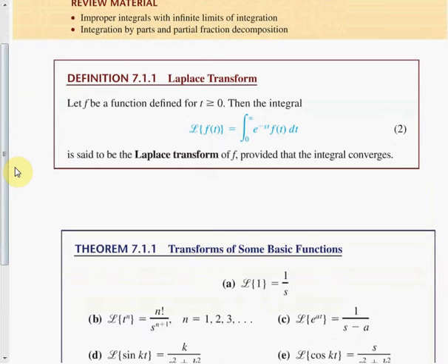Then we denote the Laplace transform, where L represents the Laplace transform, of the function f as equal to the integral from 0 to infinity of e to the negative st, which is standard for the Laplace transform, times the given function f of t dt. And then from there, we have to integrate. And if the integral exists, then we say that the Laplace transform exists.